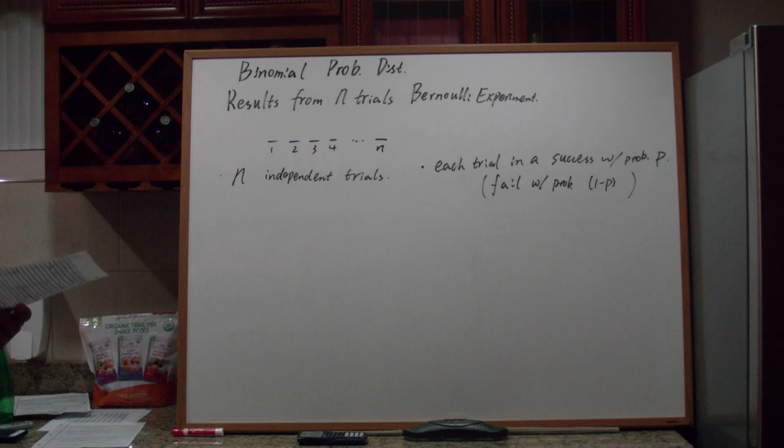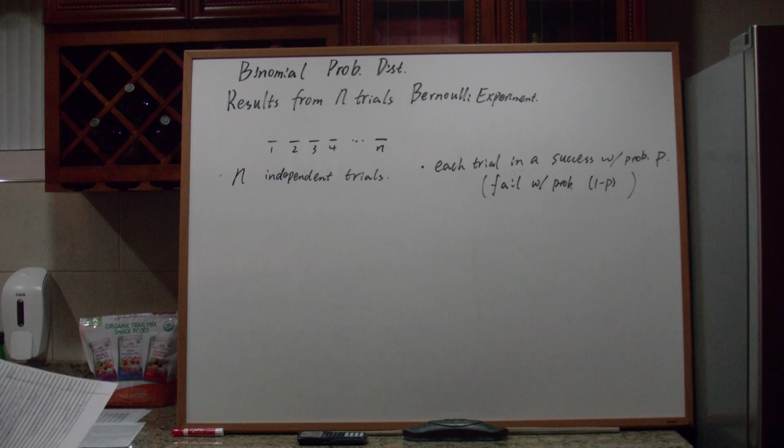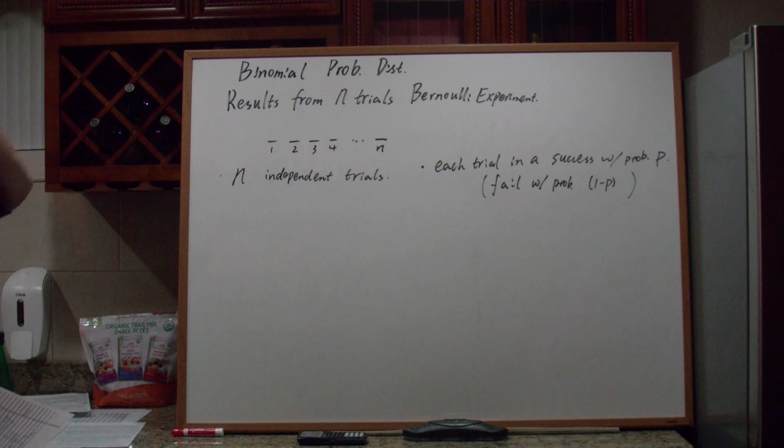Like if you flip the coin, landing on the head is success, landing on the tail is failure. Right? Then if the coin is fair, the probability of landing on head is 0.5, and landing on tail is also 0.5.